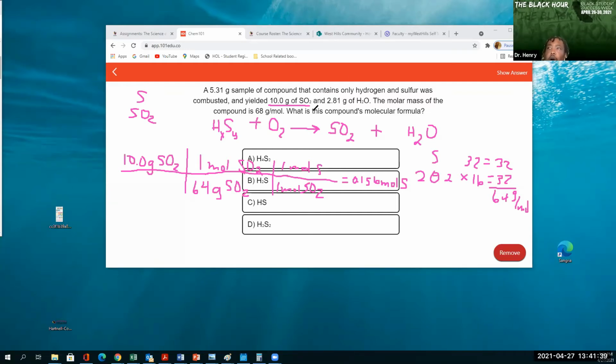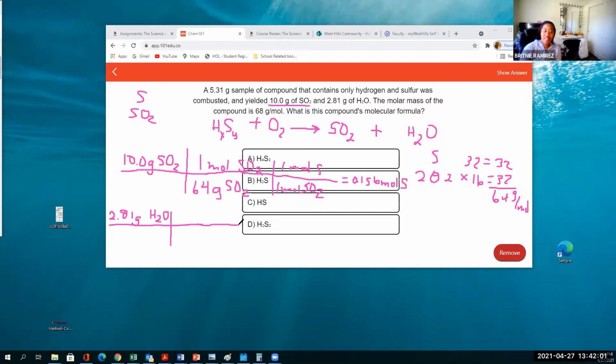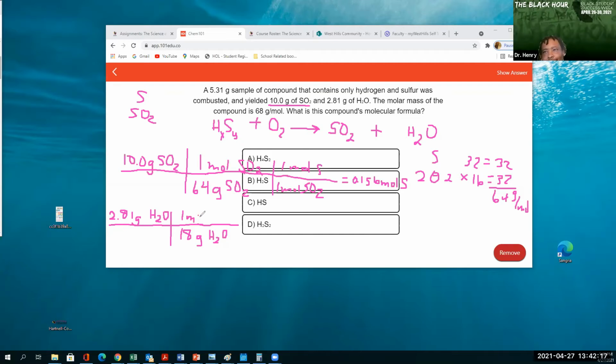Now, what about water here? So we have 2.81 grams of H2O. Then you put the 18 grams of H2O on the bottom, and one mole on top.